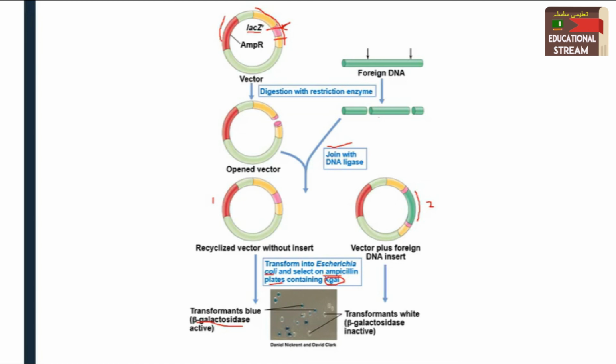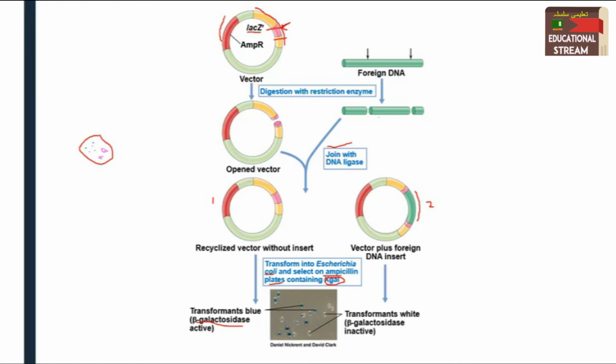Now you will see two types of colonies. If I draw a plate, you will see the blue colonies of the bacteria as well as the white colonies. As you can see, this is white, so I will encircle it with the purple color, to show that these are the white colonies.